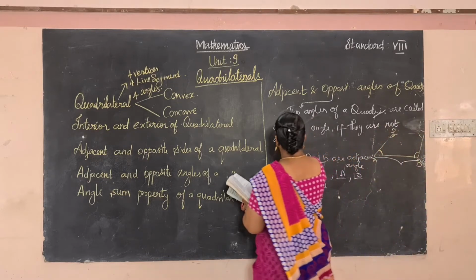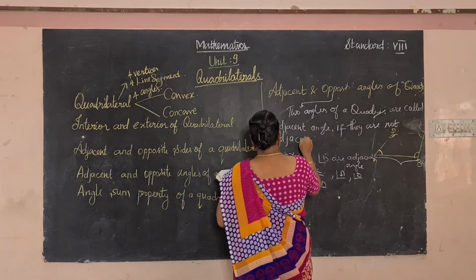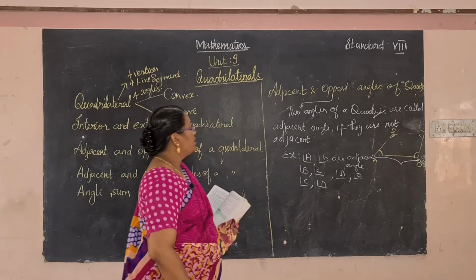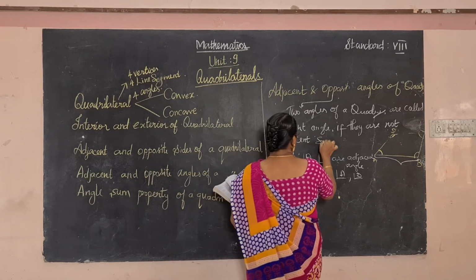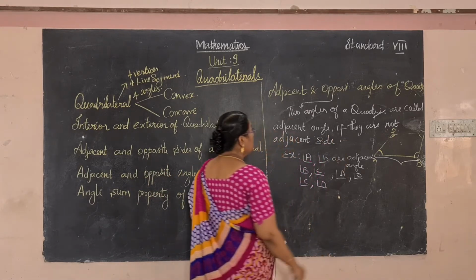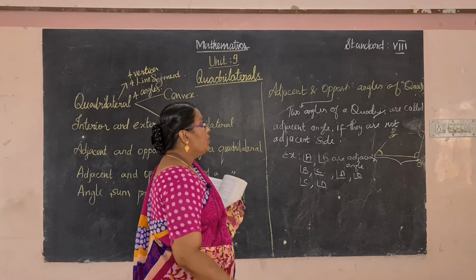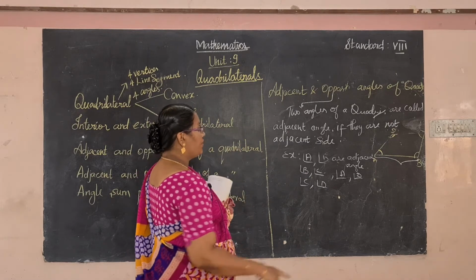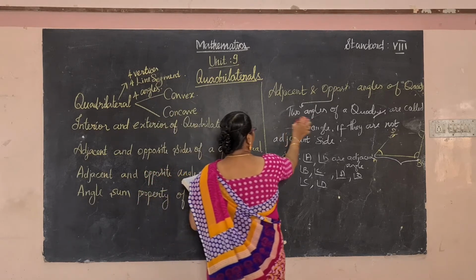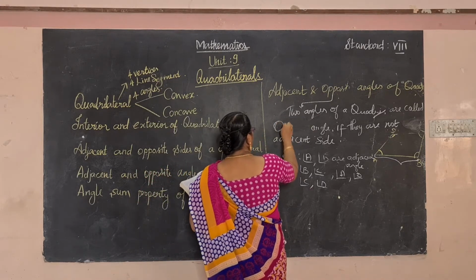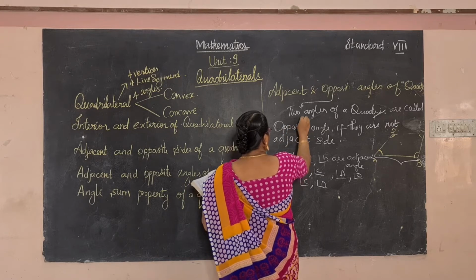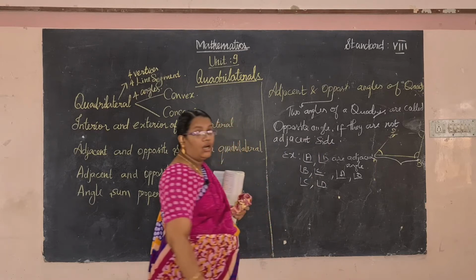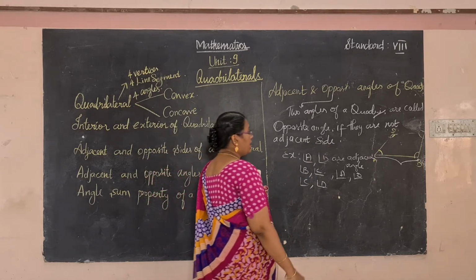They are not adjacent sides. That is called the opposite angle of the quadrilateral. So two angles of the quadrilateral are called opposite angles if they are not adjacent sides.